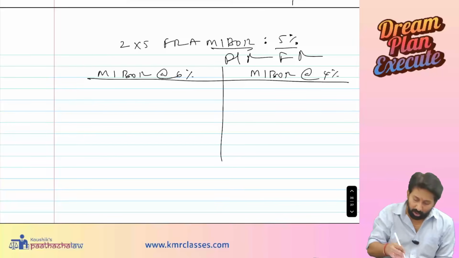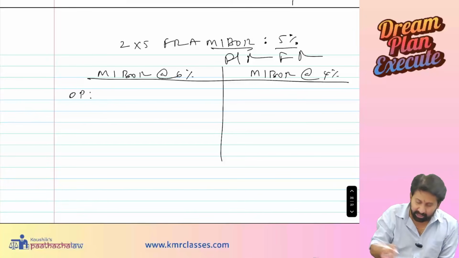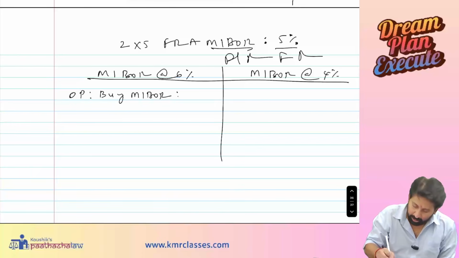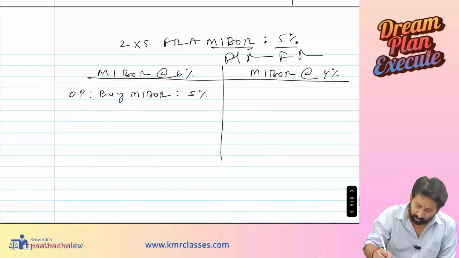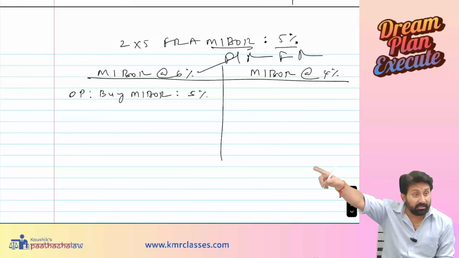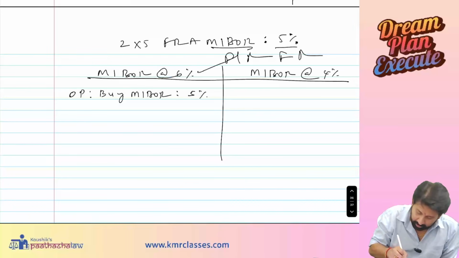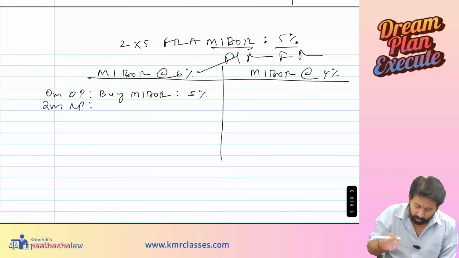First, what is our original position? Buy MIBOR at what percent? 5%. But what is the real MIBOR at the second month end? This is 0 month today.